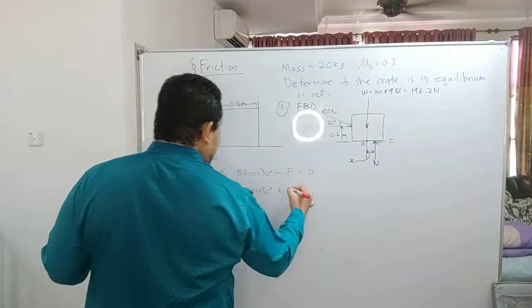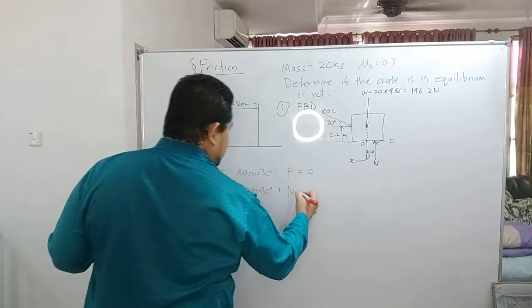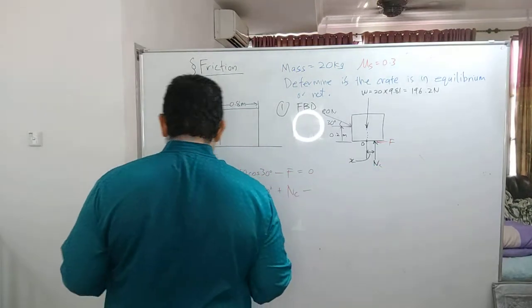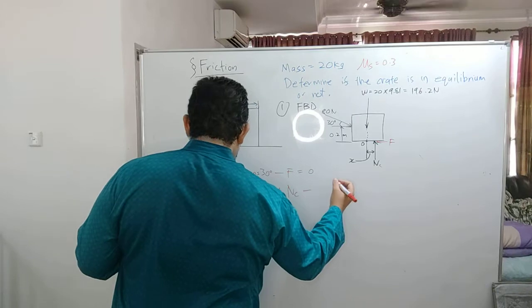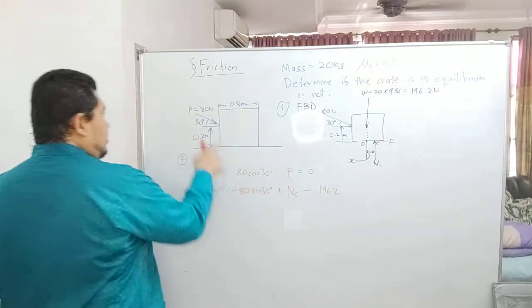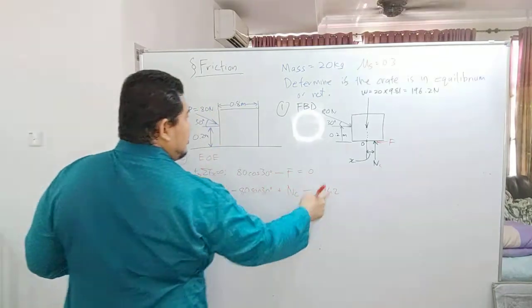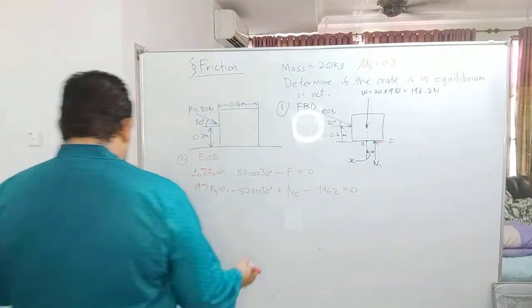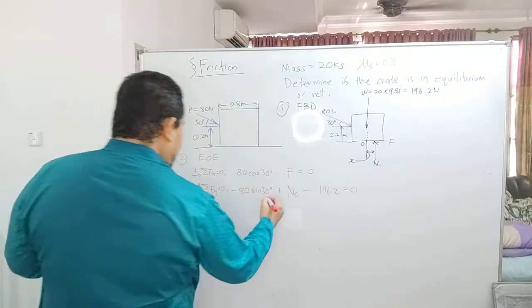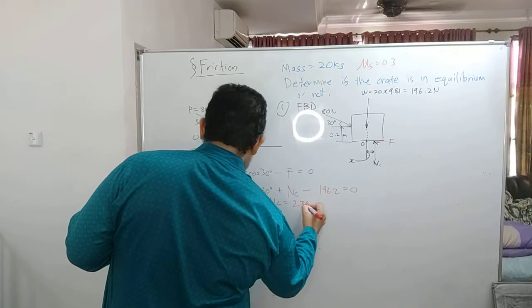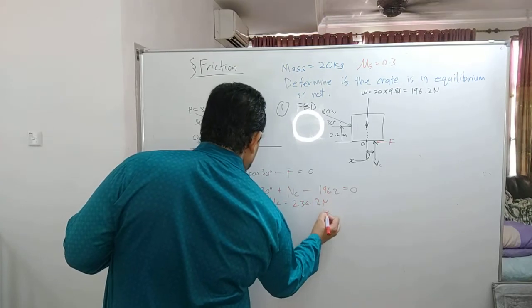Then minus 196.2, which came from the weight value, equivalent to 0. So over here you should solve NC, which is equivalent to 236.2 Newton.